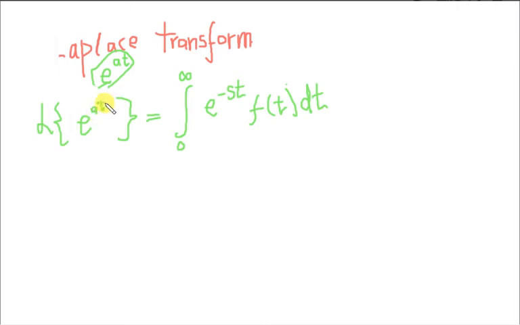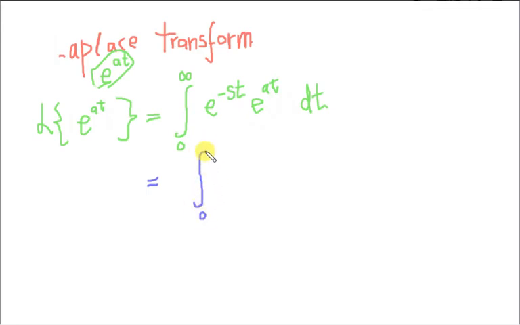Replace f of t with e power at, and here also replace f of t with e power at. So let us remove this f of t and replace it with e power at. Let us simplify this integral.